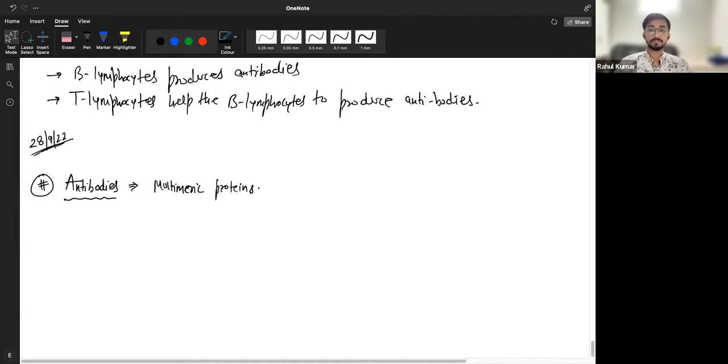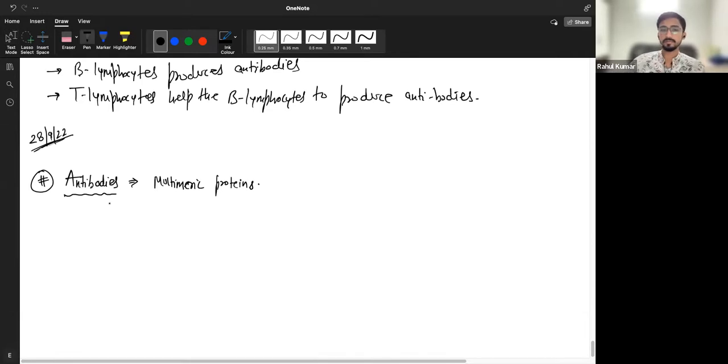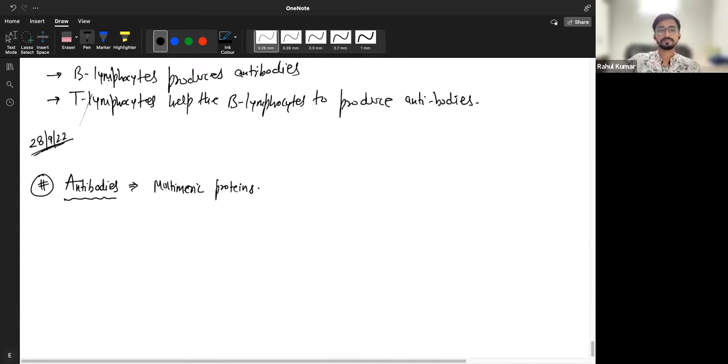So they are proteinaceous. We got to know that antibodies are proteinaceous in nature, so they are proteins. Now write down, each antibody molecule has 4 chains.